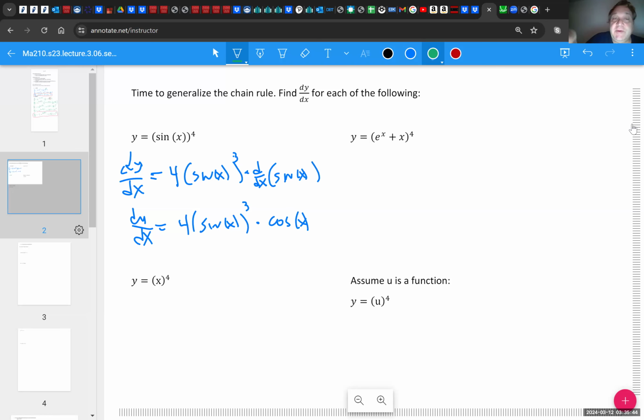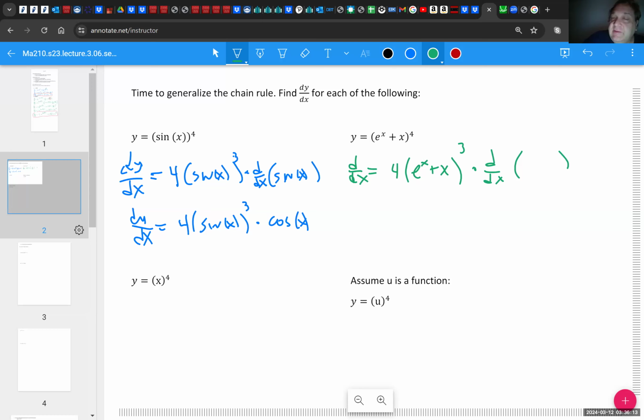All right, so we don't just have to do it with sine x. We can do it with any function. We could do it with cosine or tangent or e to the x, or a combination of things like e to the x plus x. And the process is going to be exactly the same. Our derivative is going to be 4 times that stuff to the third times the derivative of the stuff, right? So it doesn't really matter what's in there. We're just going to be differentiating it like we do. So what's the inside? e to the x plus x.